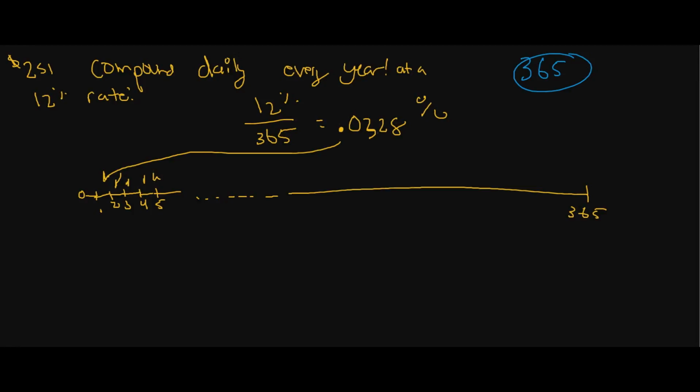Well, now that we got our percentage, we just continue on. We're going to keep 100% of my original balance plus 0.0328, and we get 100.0328%. Divide by 100 to turn this to a decimal.